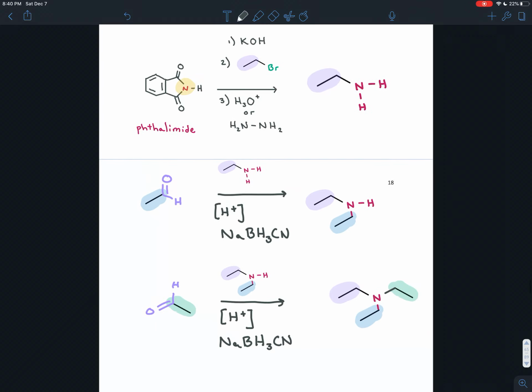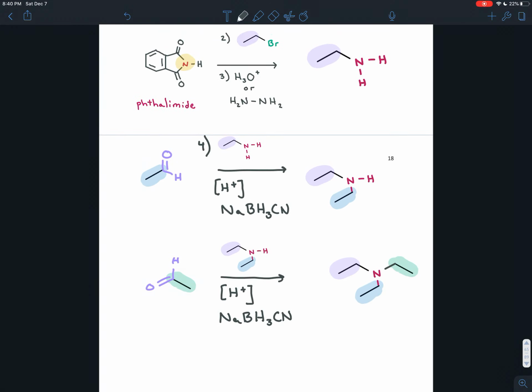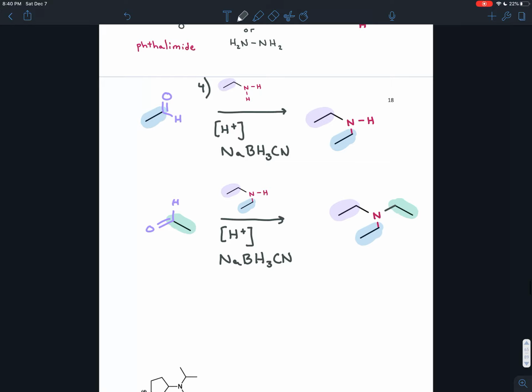To make our secondary amine, in this 4th step, we took the amine we made previously and we combined it with an aldehyde that we got from analyzing the original molecule. And if we did that in the presence of an acid catalyst and a weak reducing agent like sodium cyanoborohydride, that gives us our secondary amine.